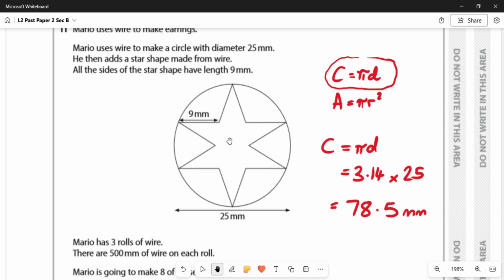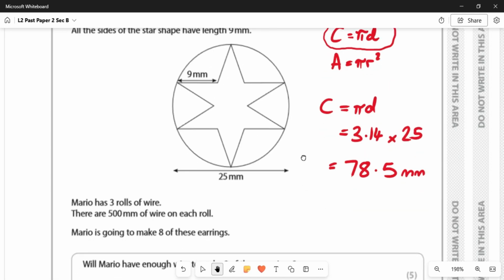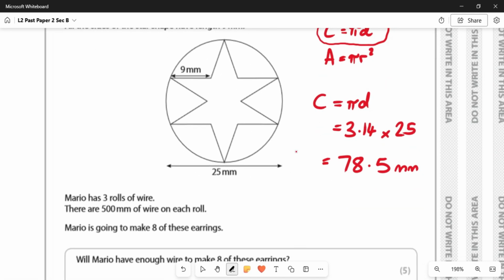Plus we're going to need to add, how many have we got? 1, 2, 3, 4, 5, 6, 7, 8, 9, 10, 11, 12. We've got 12 of these lengths, which are 9 millimeters each. So 12 times 9, which is 108 millimeters.